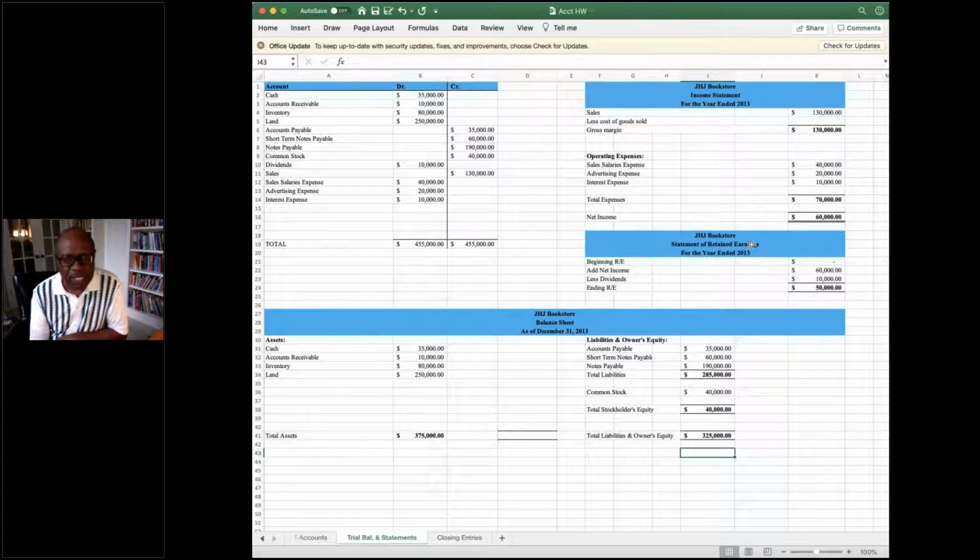The statement of retained earnings is telling us how much of this net income stayed in the business. You had net income of 60, you paid out dividends of 10. See, the dividends is not an expense, it's a payment to the owners on their common stock investment. So of this net income of 60, you only retain 50 in the business. Is that clear now in terms of that statement and what it does?